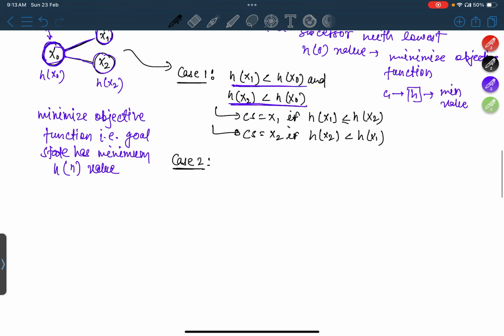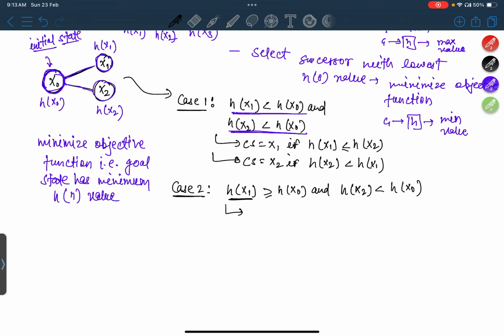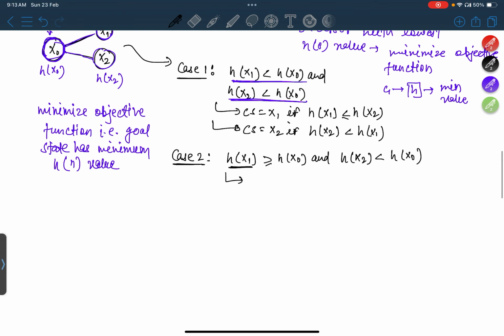Case 2: let's suppose h of x1 is greater than or equal to h of x0 and h of x2 is less than h of x0. In this case it's simple. We cannot select x1 because x1 is worse than the current state. So we have only one choice, x2, so current state equals x2.